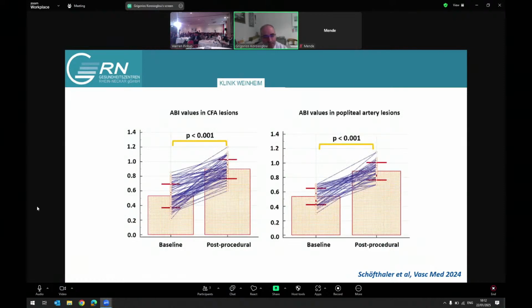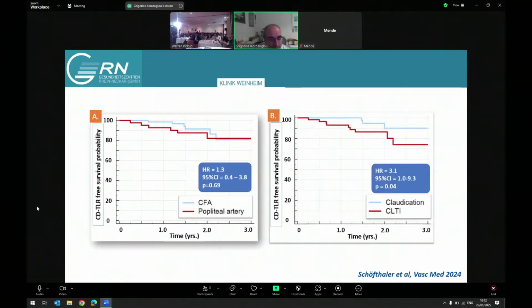Here are the ankle brachial index values before and after the intervention in the common femoral on the left hand, on the popliteal artery on the right hand. And here are the Kaplan-Meier curves for the CDTLR rates and for a breakdown between patients with claudication and CLTI.